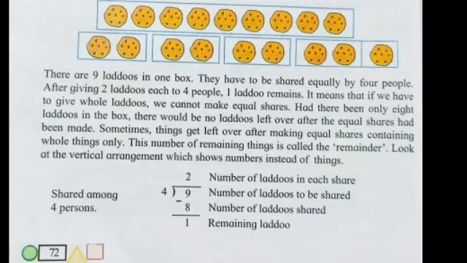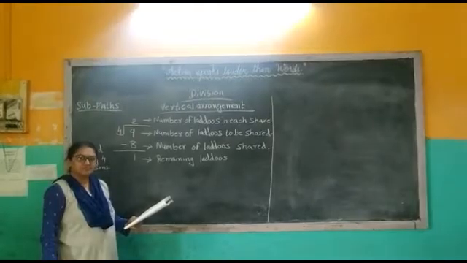Had there been only 8 laddus in the box, there would be no laddus left over after the equal shares had been made. Sometimes things get left over after making equal shares, containing whole things only. The number of remaining things is called the remainder.